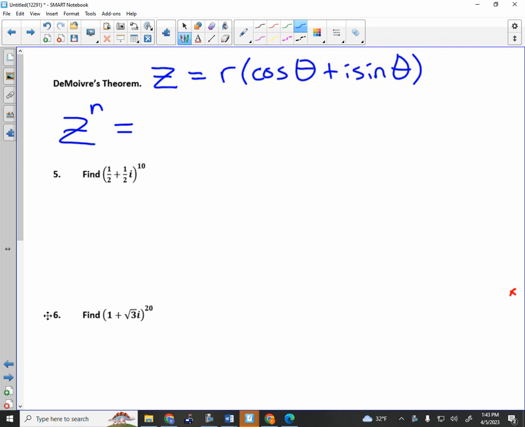So that means you're going to have r times r times r times r times r times r. So it's going to be r to the nth power, because we multiply r that many times. So if you're going to raise z to a power, just take r to that same power times the cosine. Now think about this. Is it theta times theta times theta times theta, or is it theta plus theta plus theta plus theta? So if you're adding up all the thetas, what are you going to get? N theta. Or theta times n. Good.